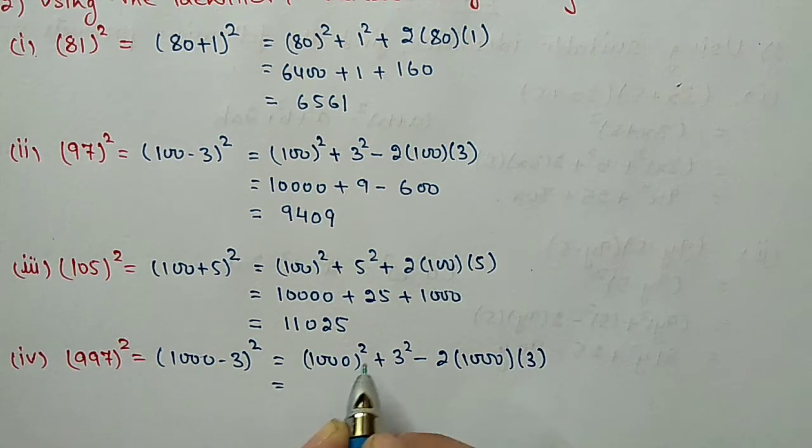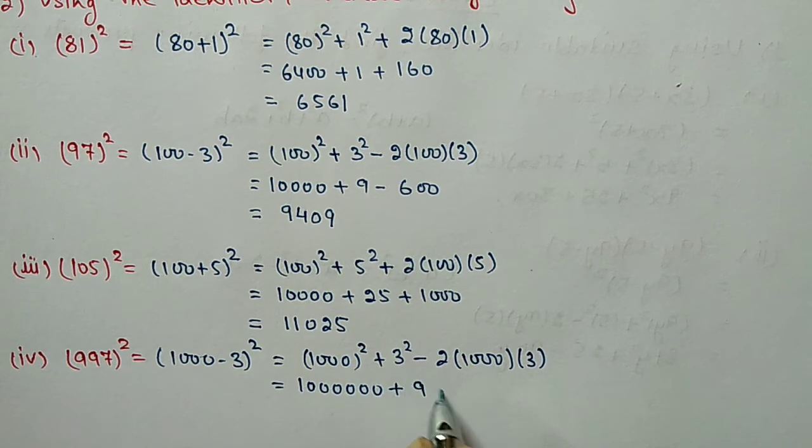This 1000 square will be, after 1 we will get here 6 zeros. Here 3 zeros are there, do the double of that. Then 3 square is 9, minus 2 into 3 is 6, and into 1000 is 6000. Simplify it, add these two and subtract this one. 994009.